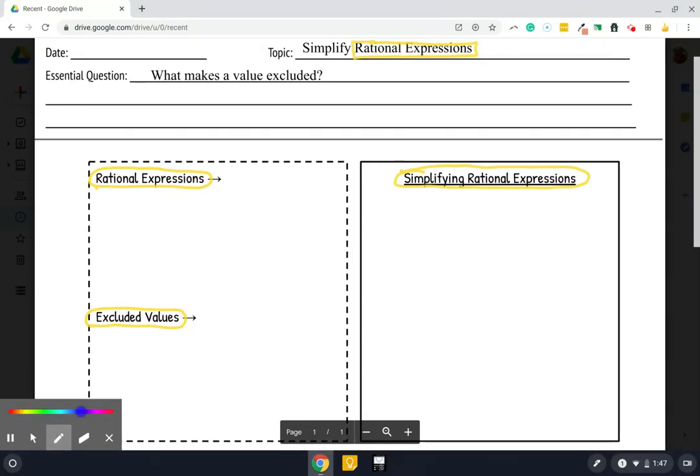So first of all, we've got to do some defining. A rational expression is a fraction. That's the word ratio, meaning fraction, and it's a fraction made up of two polynomials.